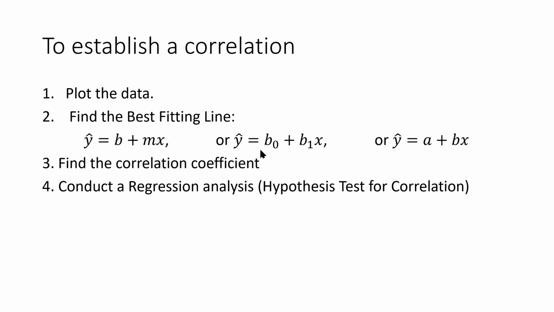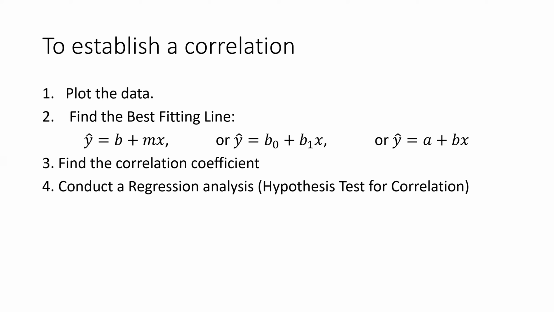Because that's the goal. Why do we need this line? We need the line so we could predict some values. It's our model that we can use for future predictions.